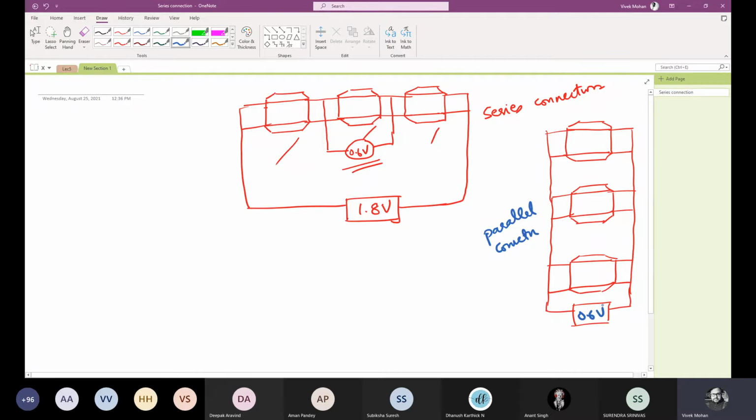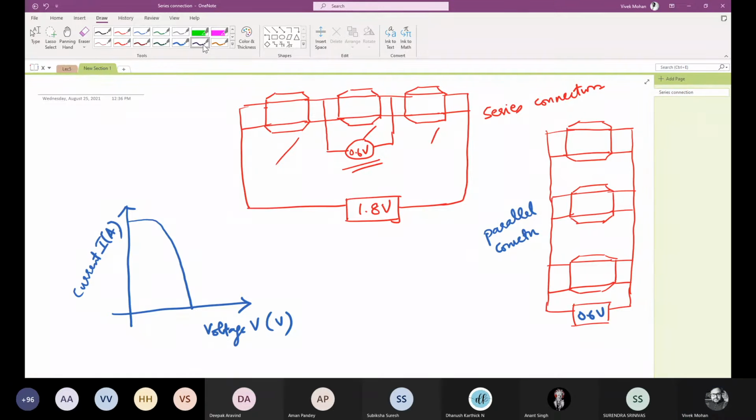Now let's see the IV curve. I'm calling it the IV curve because the current is on the vertical axis: current I in amperes, voltage V in volts. So I'm drawing the IV curve like this.